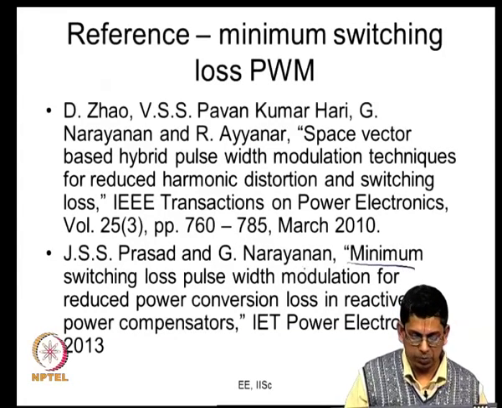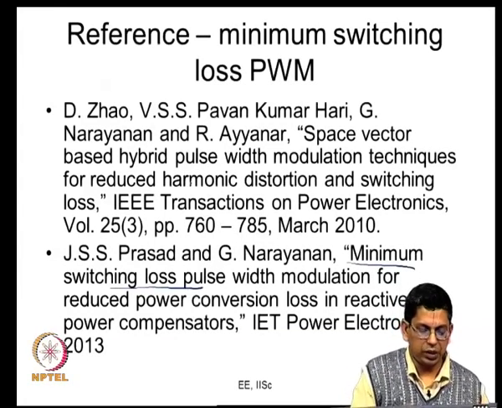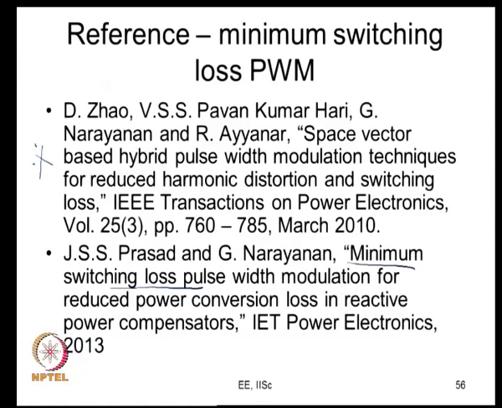The name that you find here as minimum switching loss PWM is actually discussed in this particular paper. So, the alpha versus phi planes that I told you are all discussed here. So, you can do this as a homework and you can verify your solutions with what has actually been given in this particular paper.